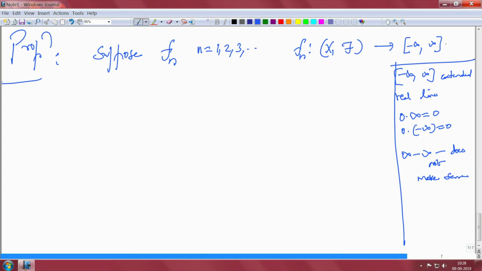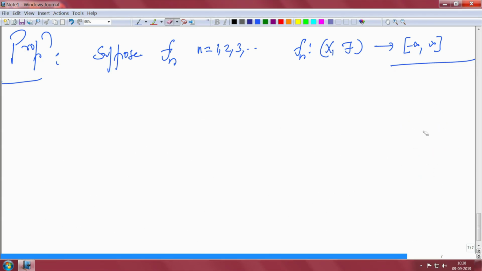What is the sigma algebra here? I have a Borel sigma algebra for minus infinity to infinity closed. Well, what do we take?